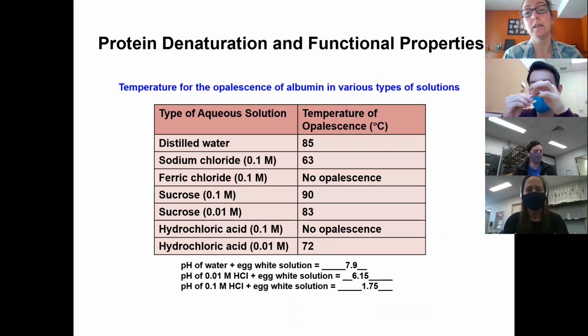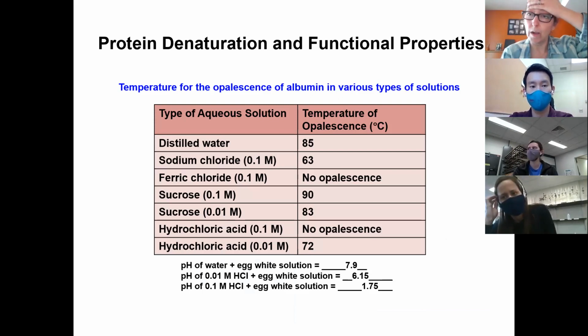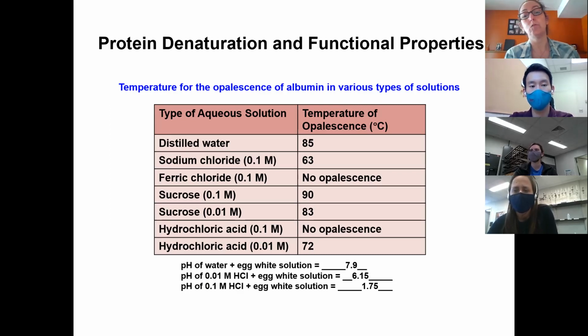And we looked at temperature of opalescence, which is an indication of denaturation. So the temperature at which we see the cloudiness, the white color, that's an indication that the protein denatures. So if we just put the albumin in water, it will reach opalescence at 85 degrees C.